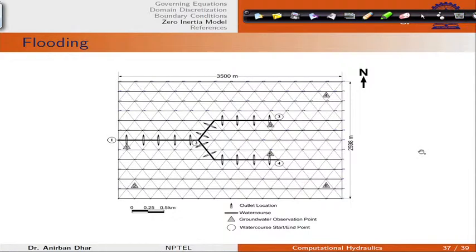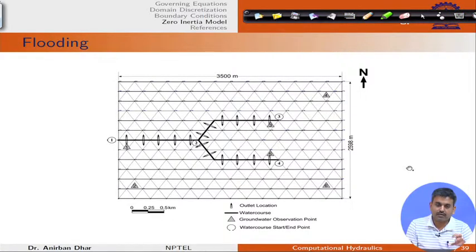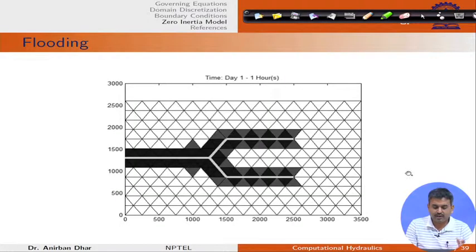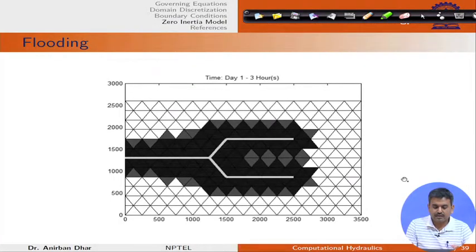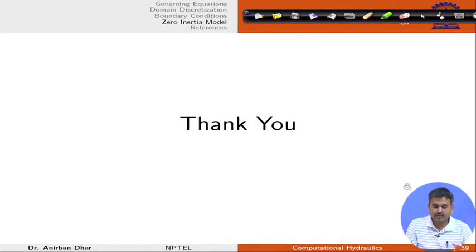So, this is all about our 2D surface water hydraulics with the unsteady term. This is the flooding situation in a typical canal system. So, obviously, there will be slow movement of water, and this can be modeled using a zero inertia case.